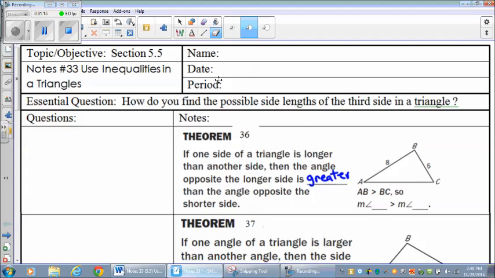So if I'm looking at my picture, I notice that the side length from A to B is 8, and the side length from B to C is 5.